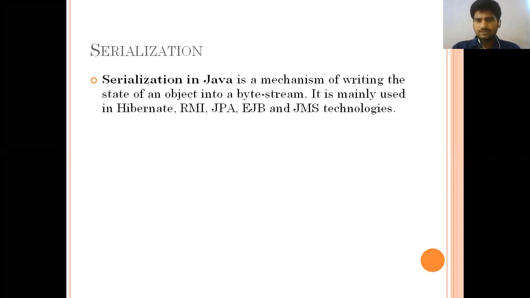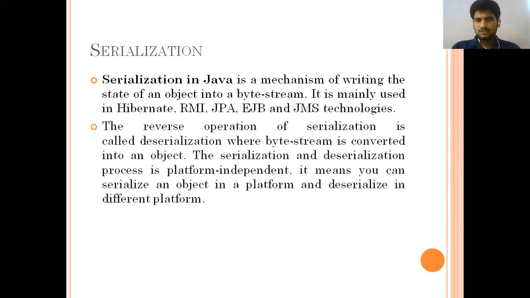That is the serialization mechanism. Then we have deserialization also. The reverse operation of serialization is called deserialization: the byte stream is converted into an object. Please remember these two concepts. They will be useful in the programming explanation.